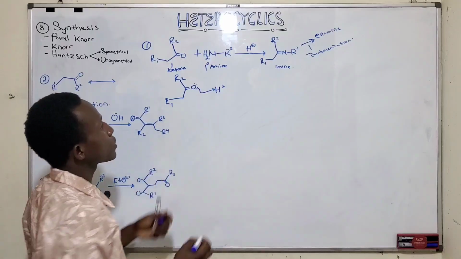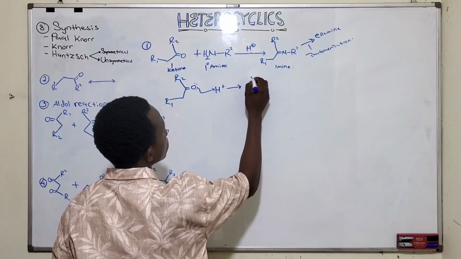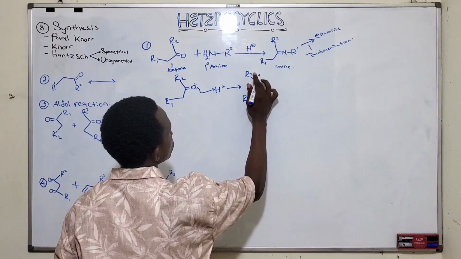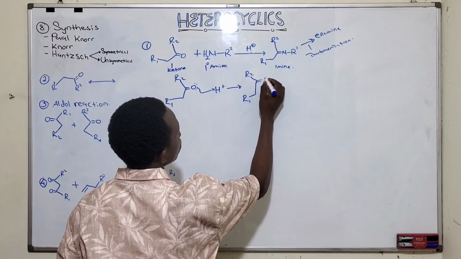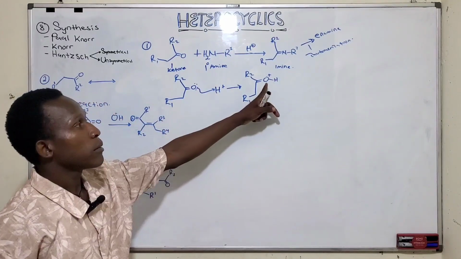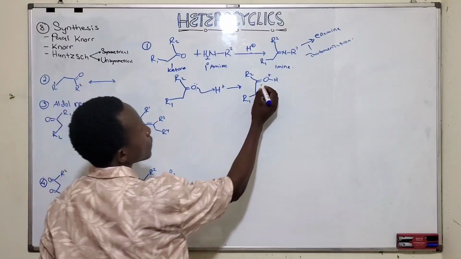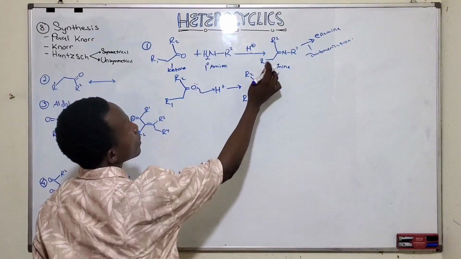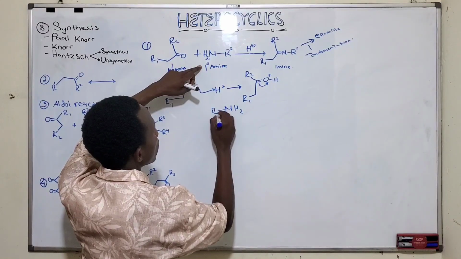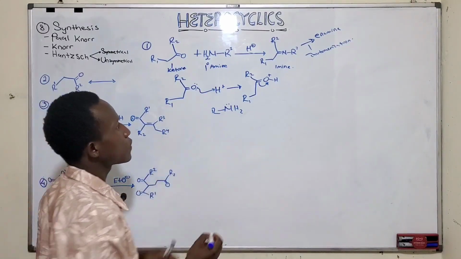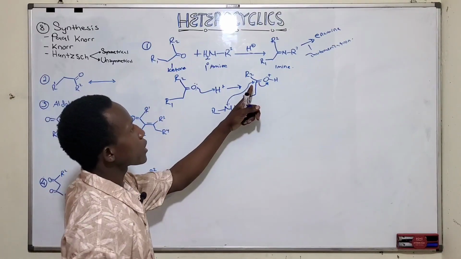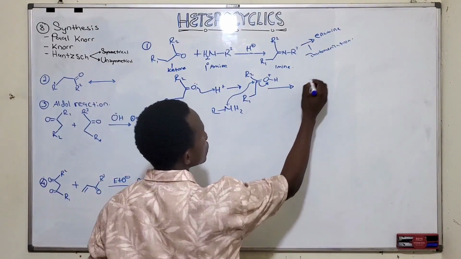So when it attacks the proton, we shall have this R1 and R2. Then we have this with hydrogen, and it's a positive. Now, as it tries to stabilize, this primary amine, NH2 with R, nitrogen has lone pairs of electrons to attack this carbocation.